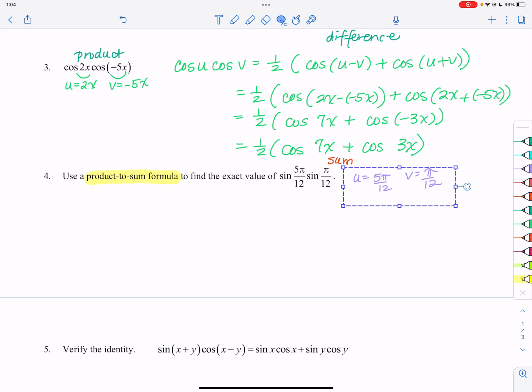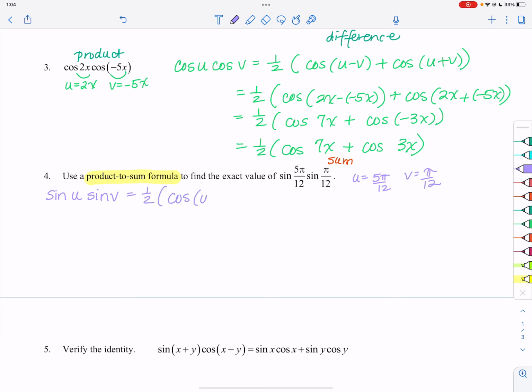Now I can say that the sine of u multiplied by the sine of v, which is what we're given, is equal to 1/2 cosine of u minus v minus the cosine of u plus v.